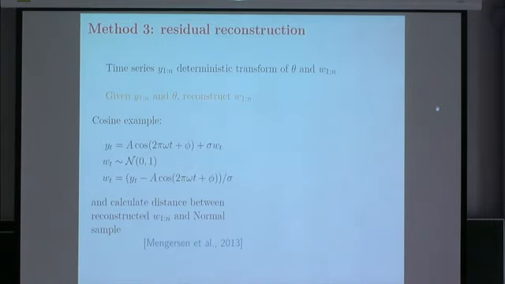For instance, in this cosine example of y_t depending on time and an IID noise, it's obvious that you can invert this equation down to w_t equals this, and then based on the value of the parameter, you have these estimated residuals for which you can apply a standard distance.